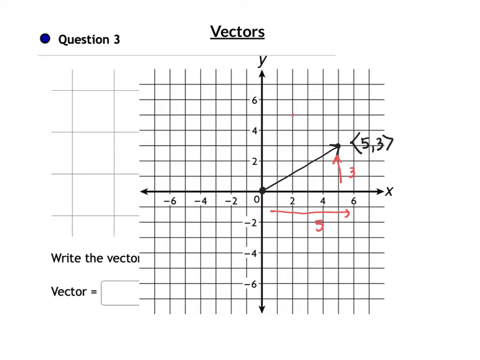If I put it up here, for example, I would still go over 5, 1, 2, 3, 4, 5, and then up 3. And so this vector right here would still be the same vector. It would be the vector <5, 3>. It doesn't matter where that initial point is. I will still travel an x distance of positive 5 and a y distance of positive 3.